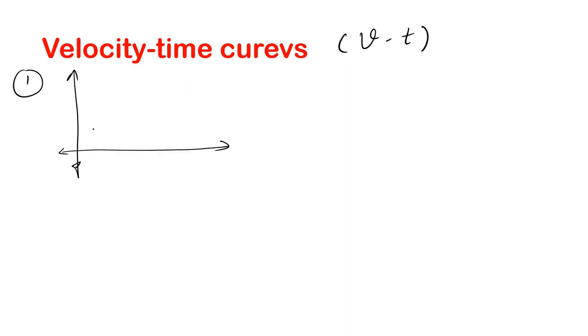Now velocity-time curves. Just the way we study x-t curves, we can study v-t curves. They also tell us a lot of information. First case: if velocity is constant with respect to time, where this is v and this is t, then this is called uniform motion, and this is the situation where acceleration is 0.